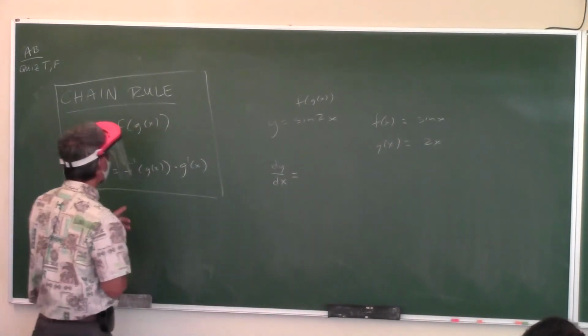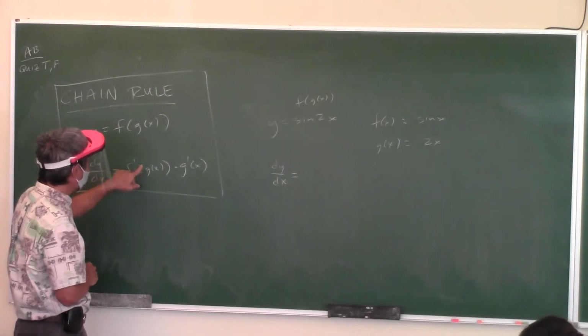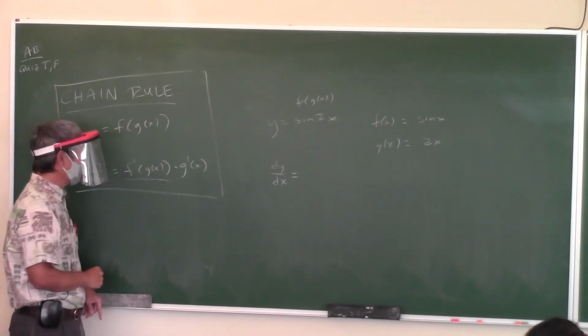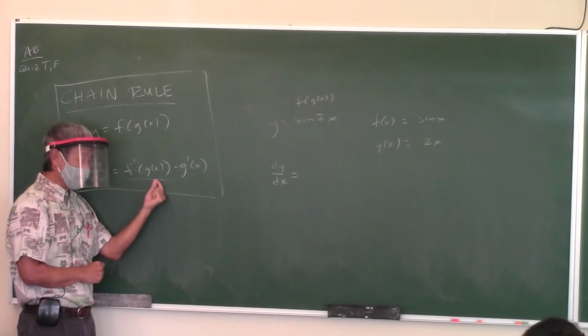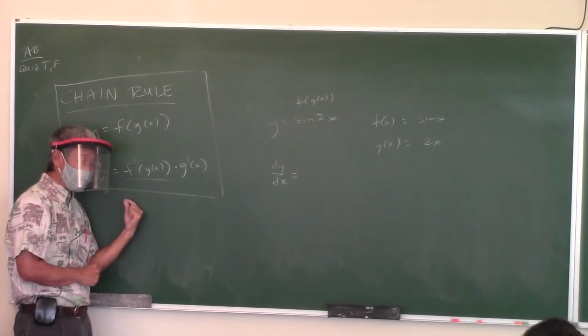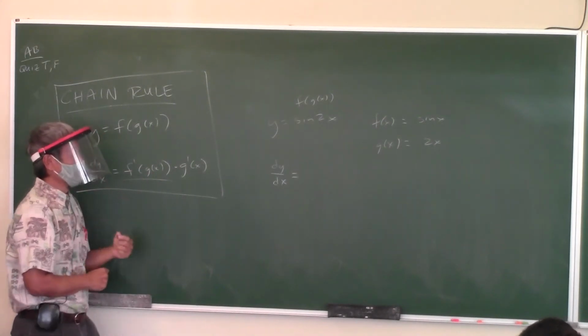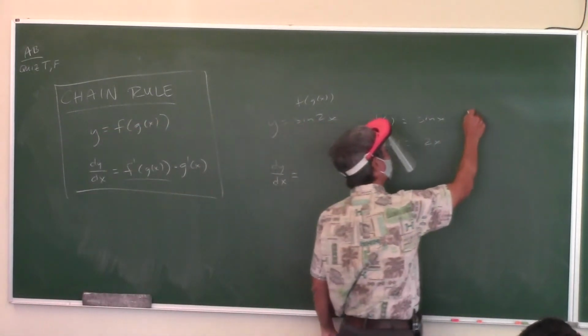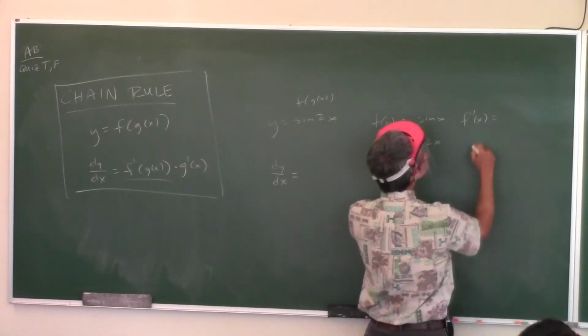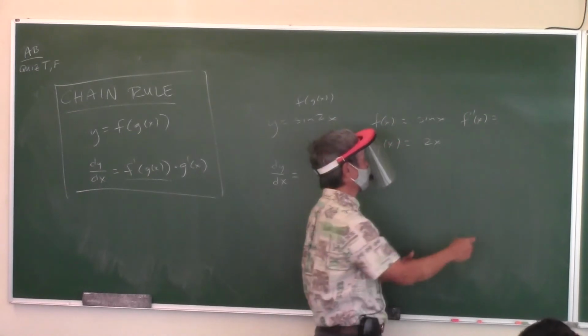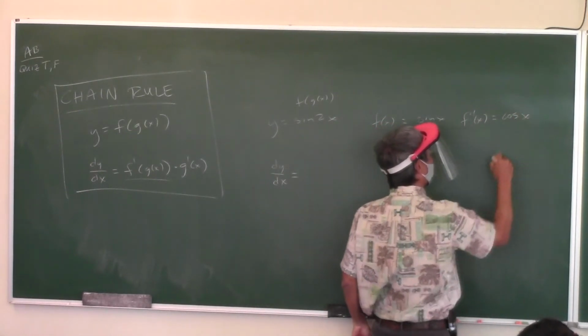The derivative is f prime of g of x. Now what does that mean? That means you have to plug g of x into the derivative of f. So that means we need to compute the derivative of f. What's the derivative of sine x? Cosine x.